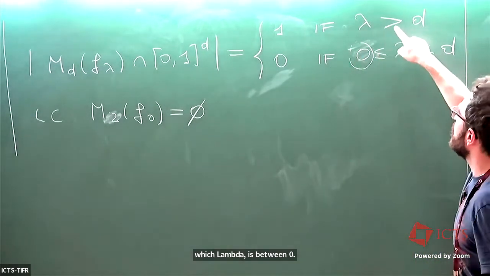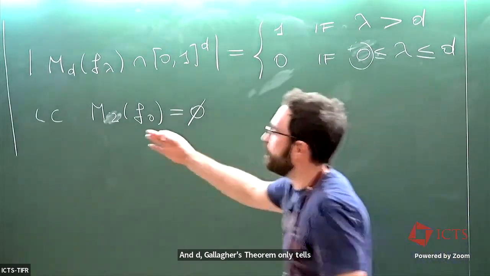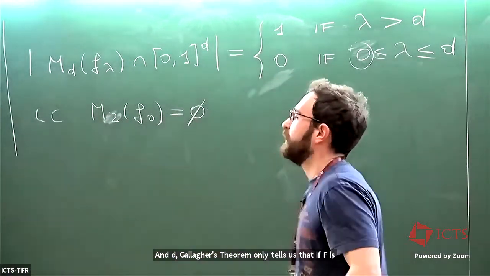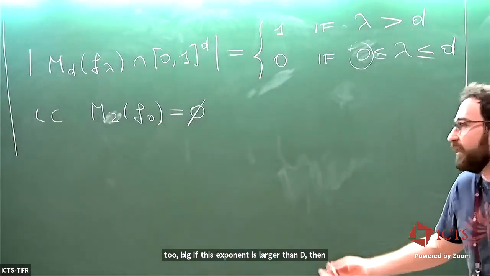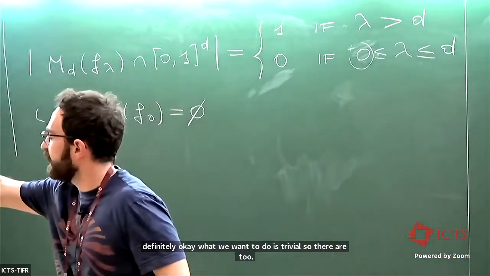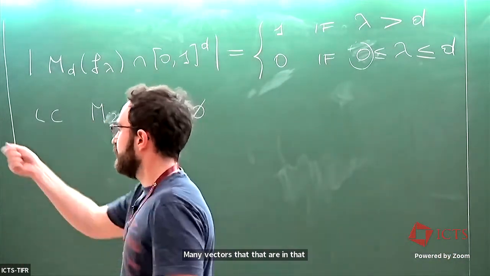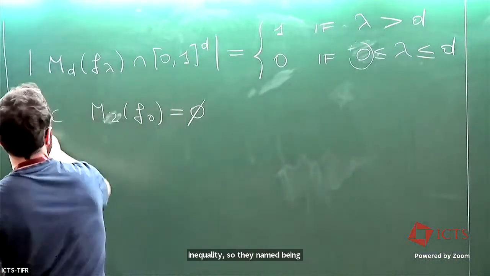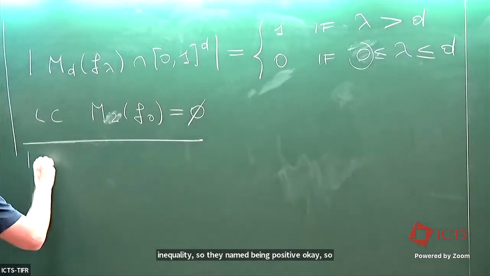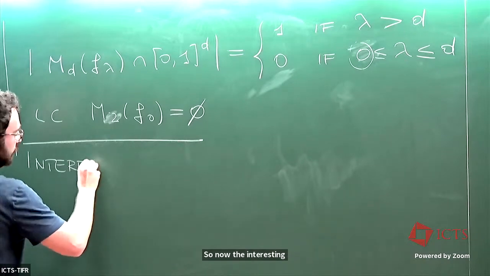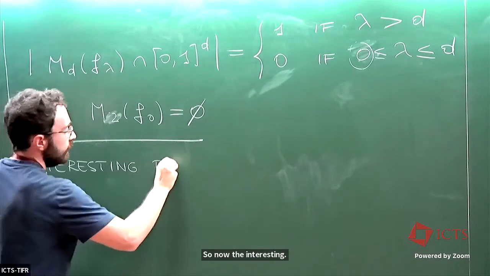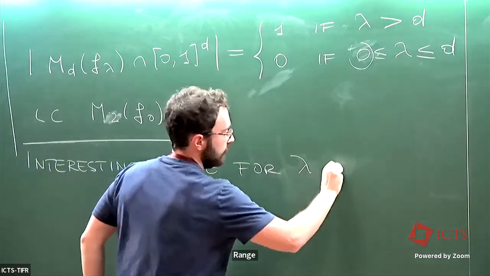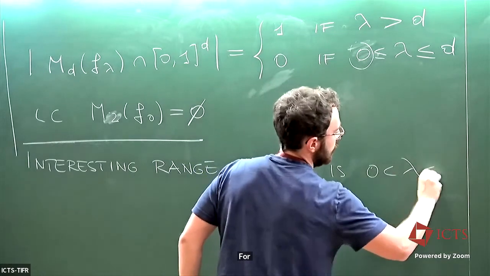Gallagher's theorem only tells us that if f is too big, if this exponent is larger than d, then what we want to do is trivial. There are too many vectors that satisfy that inequality, with the lim being positive. So now the interesting range for lambda is lambda between 0 and d.